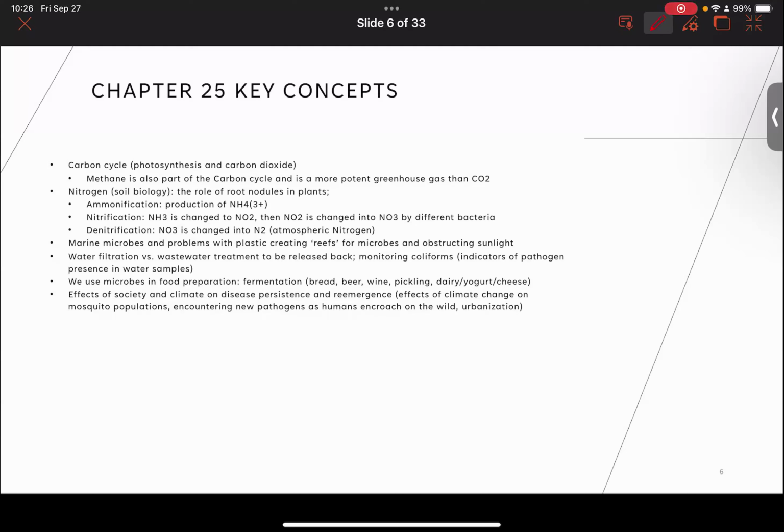All right, we touched a little bit on the nitrogen cycle. Essentially, the role of nitrogen in soil and in biology overall is pretty important. You need nitrogen because your DNA has nitrogenous bases. You need nitrogen because your proteins are made of amino acids, and amino refers to the amino group, which is the NH2 group. That's nitrogen.